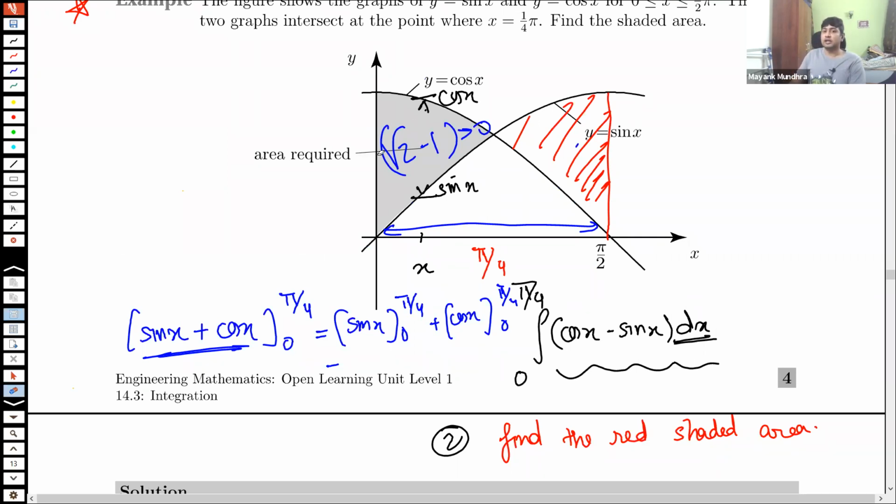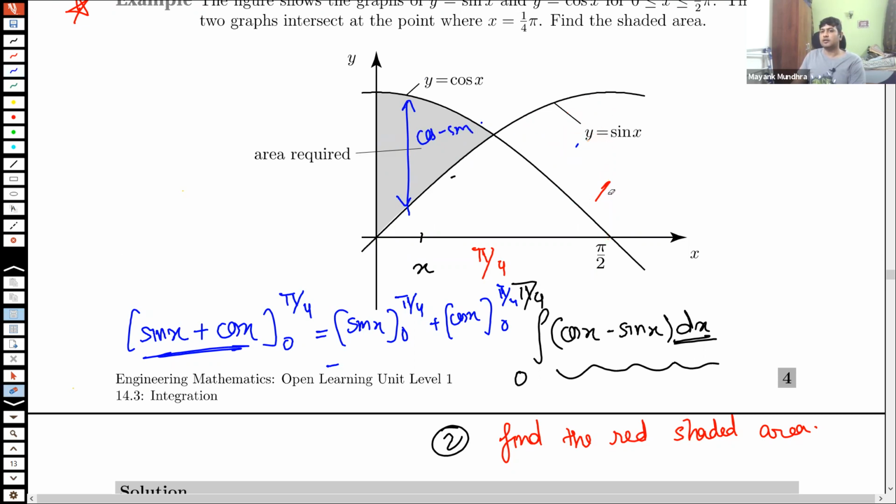The reason that you get this as 0 is that when you're taking the area, you're taking the height. The height here is cos minus sine, whereas the height in this region is sine minus cos, because now the sine curve is above the cos curve.